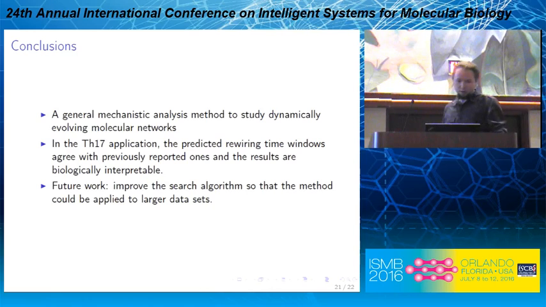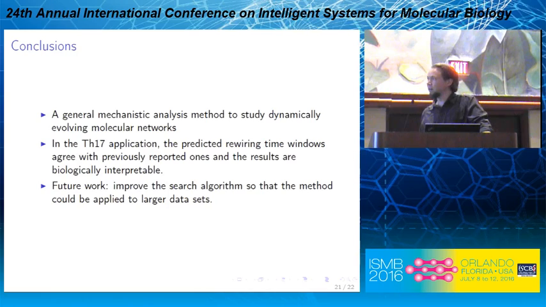Then I could summarize the whole study. So we have developed a general mechanistic analysis method that can be used to study dynamically evolving molecular networks. We have applied the method to study Th17 cell differentiation, and the predicted rewiring behavior is in agreement with the previously reported behavior.